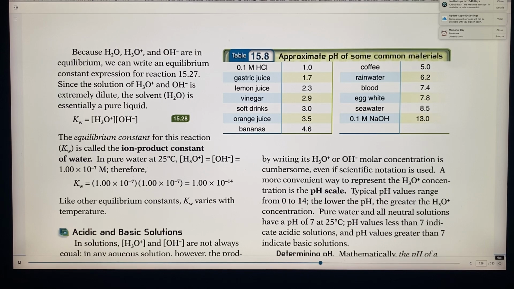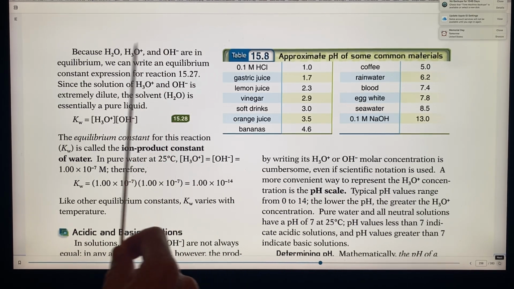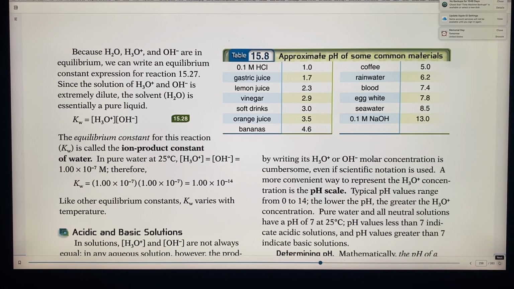Because water and the hydronium acid and base are in equilibrium, we can write this whole constant out, which we did before. Since the solutions of this acid and base being produced are extremely dilute, the solvent water is essentially a pure liquid.